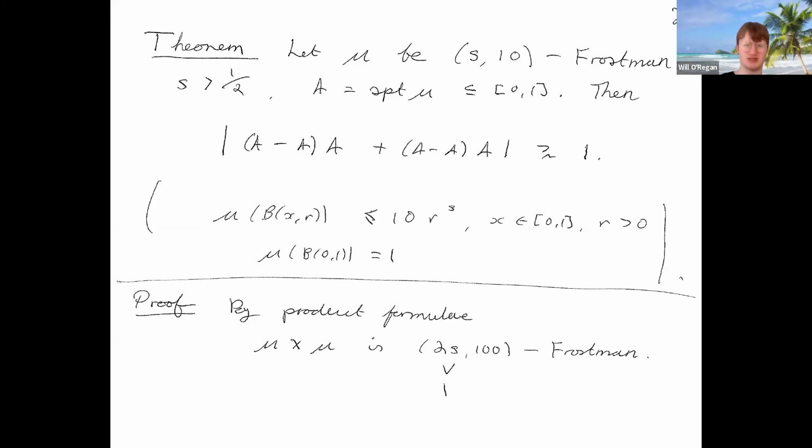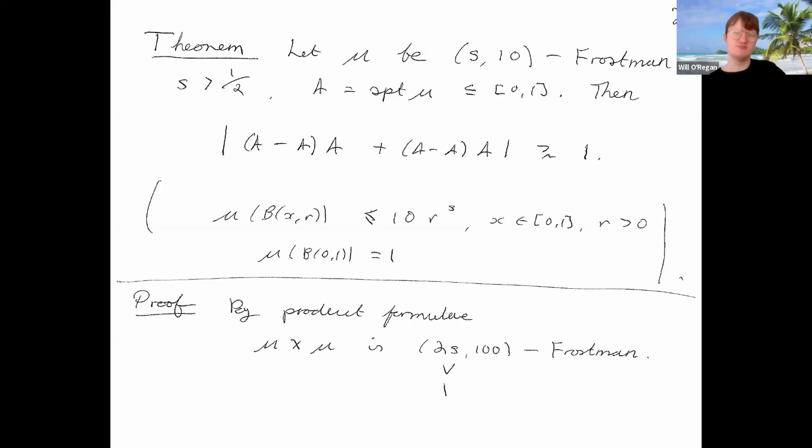What I claim is that if you consider this set under some image of sums and products, like I have this expression here, then you have some sort of growth. So what does this say? This says that the support of this measure, when you push it forward under some addition and multiplication, has positive Lebesgue measure.